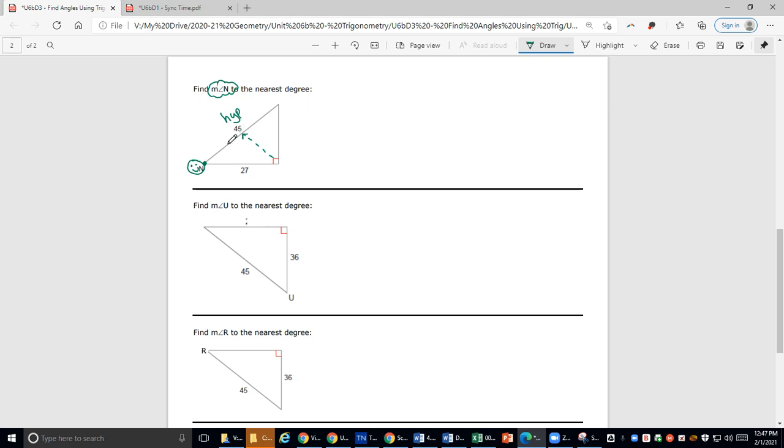So not the hypotenuse, because that's already the hypotenuse. We want the adjacent leg, so it's got to be one of the legs. The other piece that's coming out of that smiley face is my adjacent side. And then all the way across from that, on the opposite side of the triangle from the smiley face, is my opposite side. And then we're going to compare our labels to SOH CAH TOA to see if we need to use sine, cosine, or tangent.